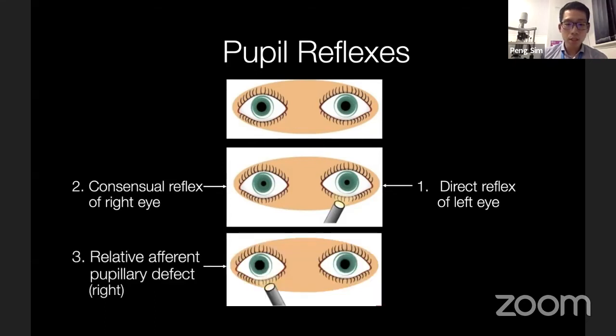In the last picture, you can see that when the pen torch is swung over to the right side, instead of that eye constricting, that eye is now starting to dilate. When the eye paradoxically dilates when it's being shone with light, then you would say that there is a RAPD present in that eye. Okay.